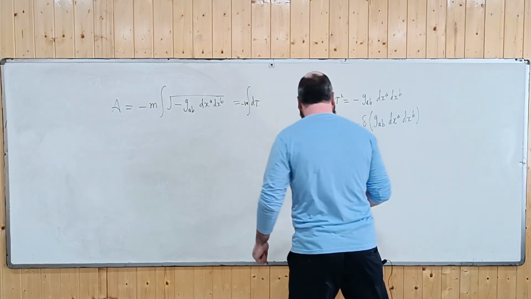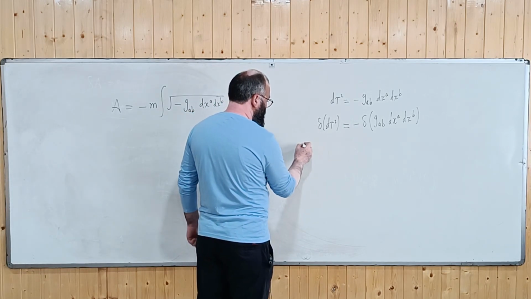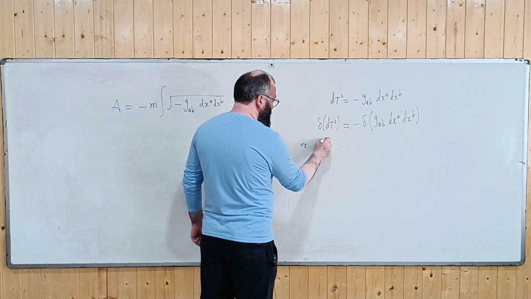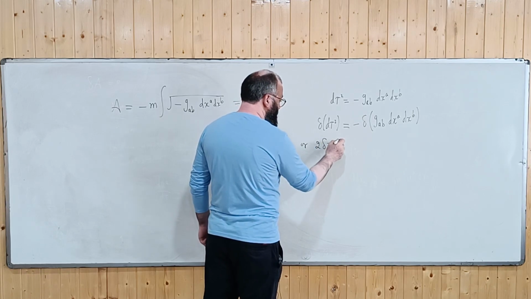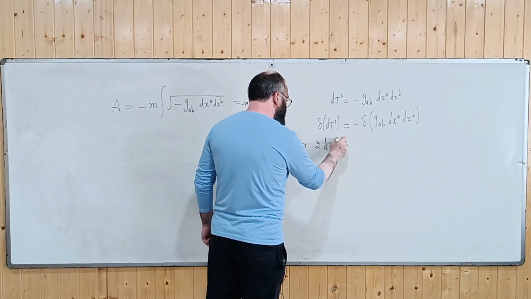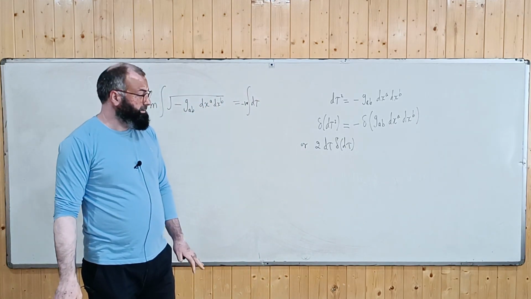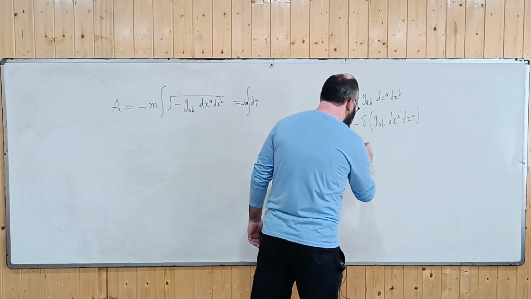This I can write as twice d tau delta d tau. So that's good. Now let's make the variation.